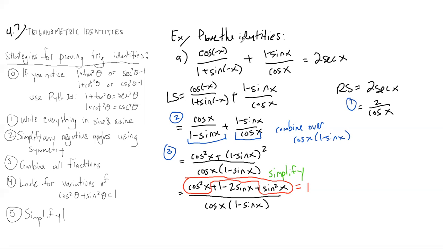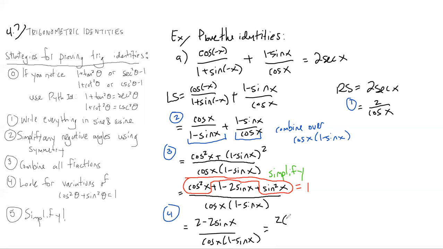And so now if I actually apply step 4, what I'll get here is 2 minus 2 sine x over cos x 1 minus sine x. Hopefully you can see now the top and the bottom will have some cancellation if I just factor the 2. Again, that's part of simplifying.